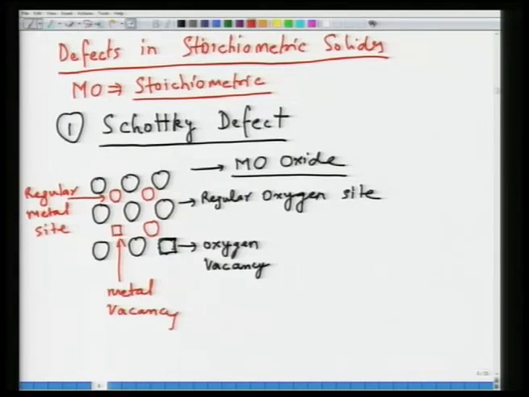So, here what you see in an otherwise perfect lattice is the creation of a pair of vacancies, of which one is metal and one is oxygen.